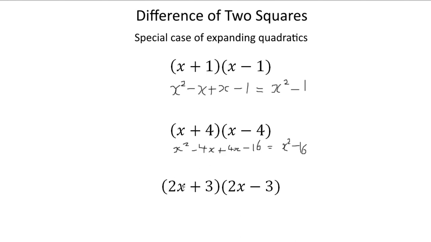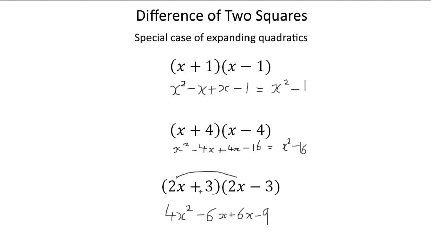So we're going to do the same procedure. So let's do this like this, yeah? So 4x squared. I'm going to bring it over that. Minus 6x plus 6x. Minus 9.